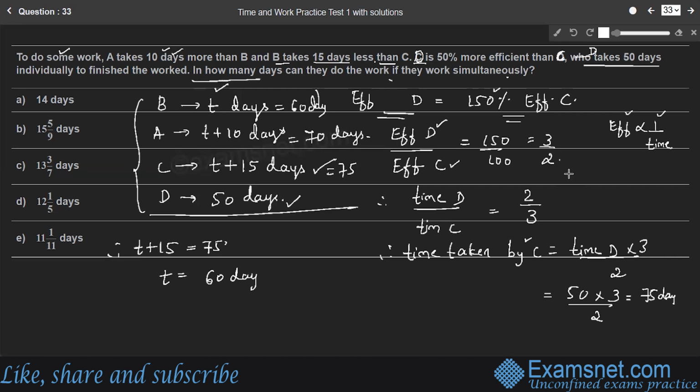In how many days can they do the work if they work simultaneously? If they work simultaneously, first we'll consider their one day work.